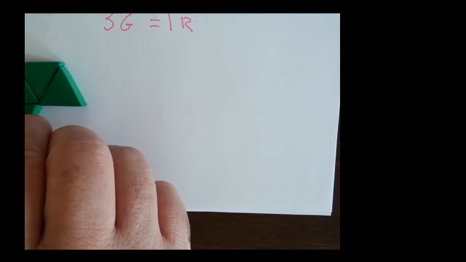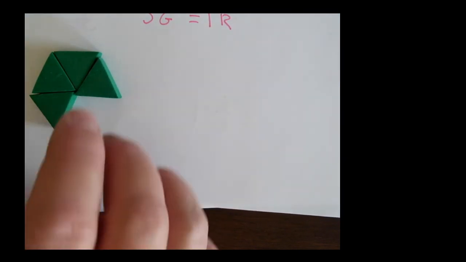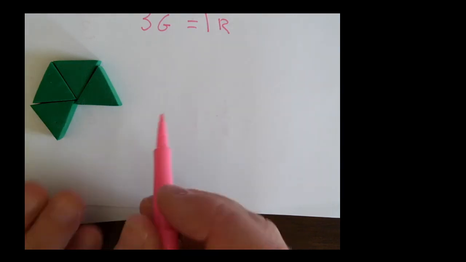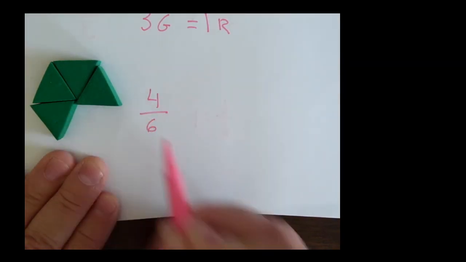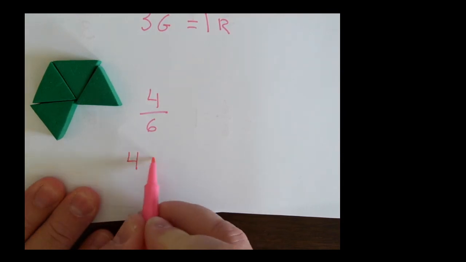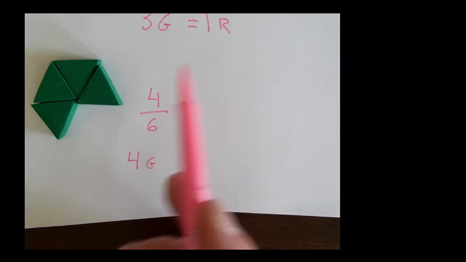How about 4/6? So there's 4/6. Can also call that 4 green. But it's 4 of our 1/6 blocks that we have right there.